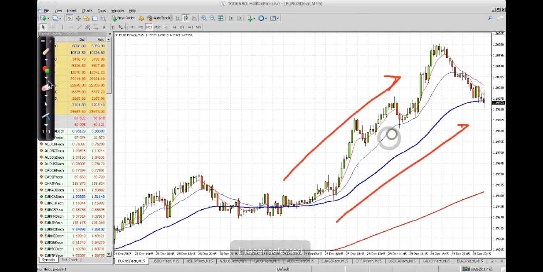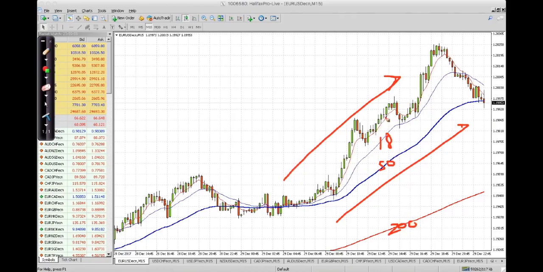Oh, that's a really ugly 18, so let me draw that again. This blue line is the 18 moving average, 18 EMA. The thicker blue line is the 50 moving average, and the red line is the 200 simple moving average. So it's exponential, exponential, simple moving average.